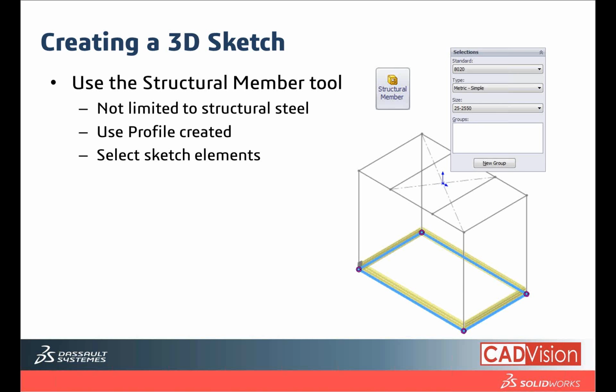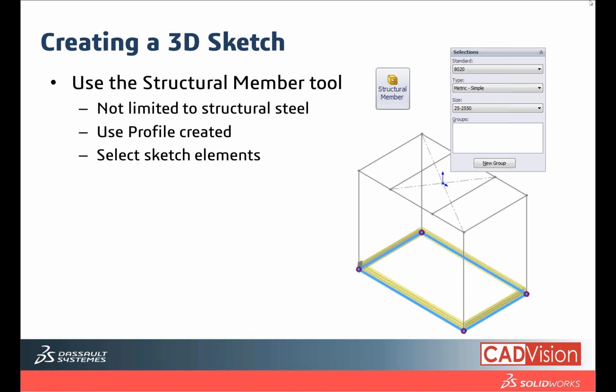So now we go into the weldment tab. Just click on the structural members icon and then click on the path or the frame edge where you want to add your profiles, your structural frame. You will have these selection properties. The standards are the standard profiles, the standard types that you want.